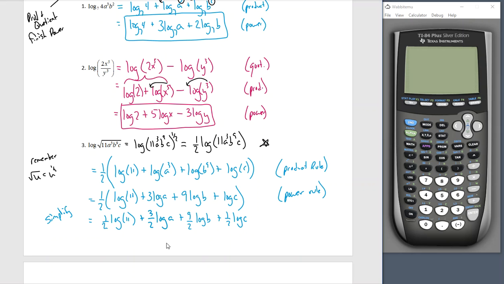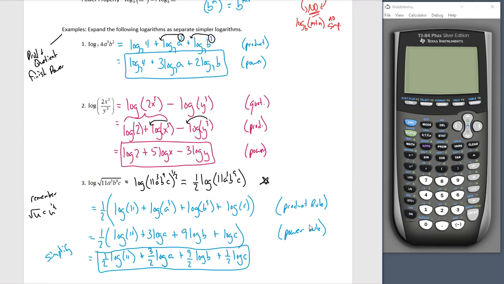We no longer need parentheses except for around that 11. Just to give it that nice warm hug, that nice belonging to the logarithm. And this pure simplification step, that's it. It's going back to algebra, regular PEMDAS, not the exponent rules.